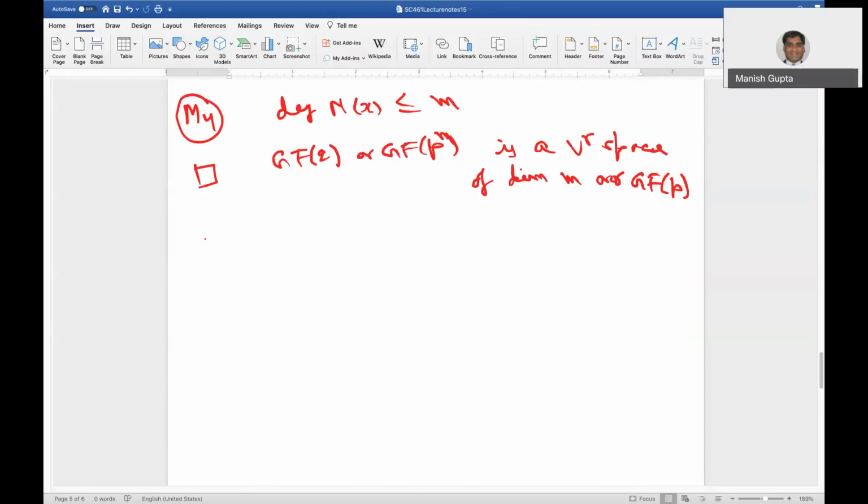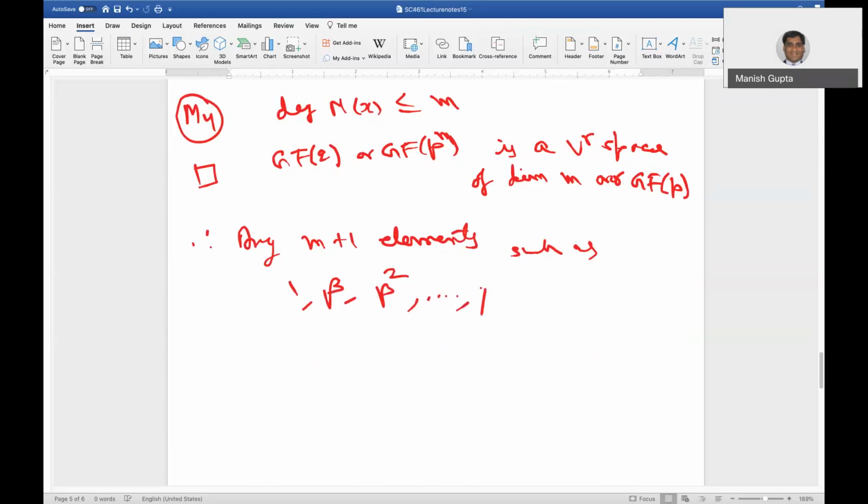Therefore, any m plus 1 elements such as 1, beta, beta square, up to beta raised to power m are linearly dependent, right? Any m plus 1 elements such as this will be dependent.